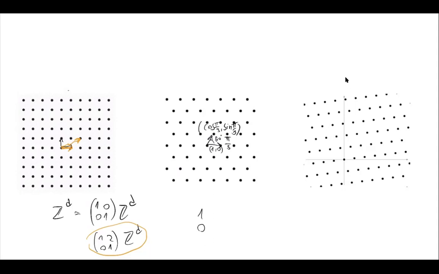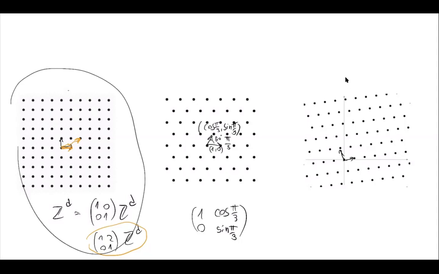The (1,0), (cosine pi over 3, sine pi over 3). And actually it generates a lattice, which is a tessellation of the plane using triangles. It's the vertex points of the tessellation of the plane using triangles. And here is another lattice that can be generated, for example, by this and this vector. Okay, so only one of them was integral. Only the first example was integral because I claim that I'm only interested in such lattices that are contained in this left example.